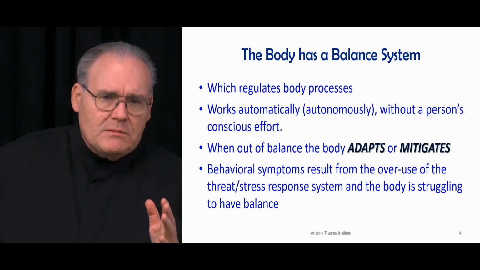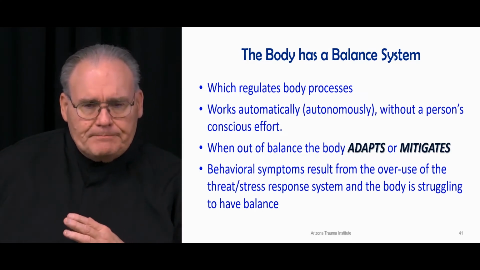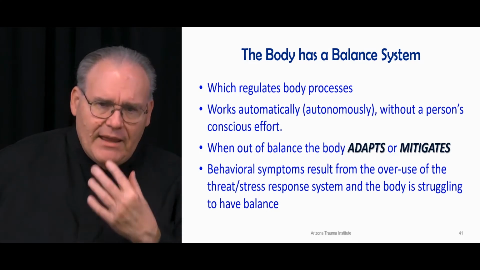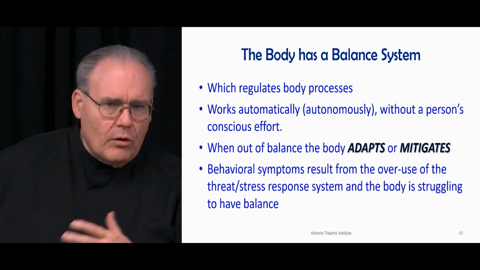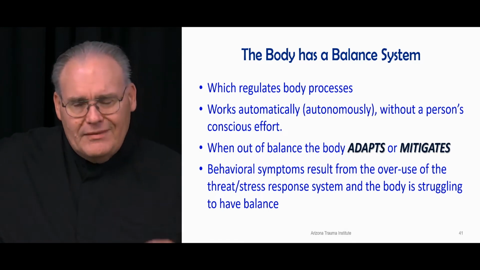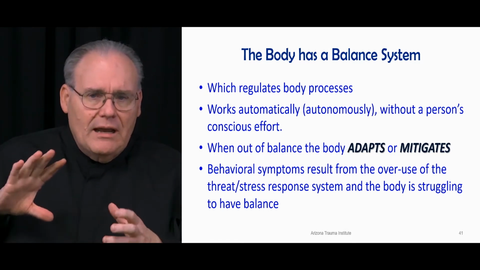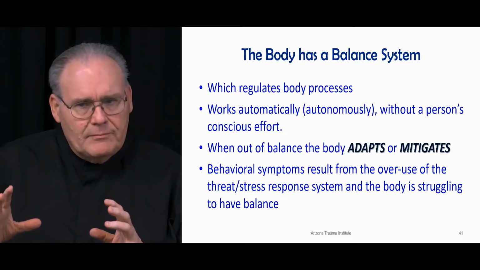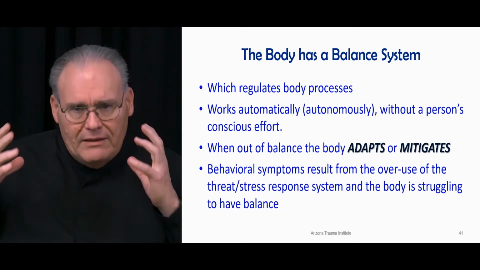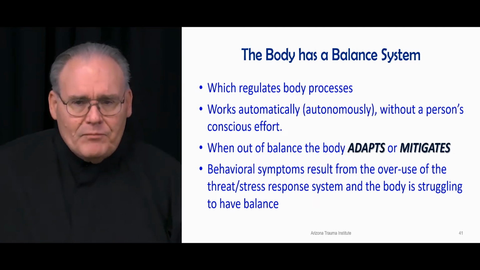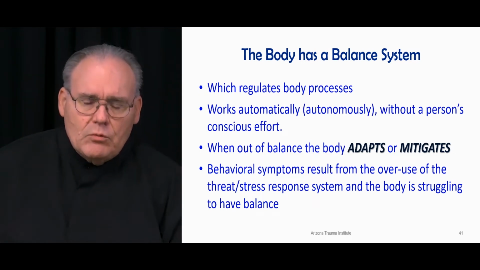When the balance system is thrown out for some reason, the body handles that either by adapting or mitigating. Now, a lot of people would call it different things, but I like to call it adaptation and mitigation. Number one, that's kind of how I've grown to think about it. But number two, I think it's more useful.